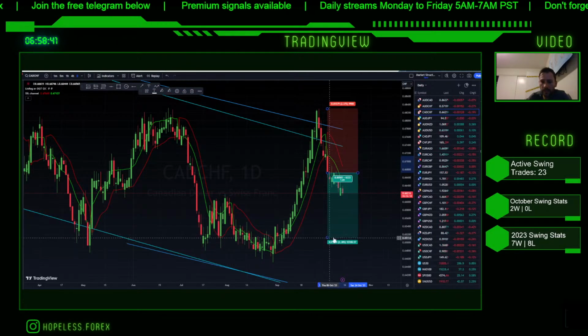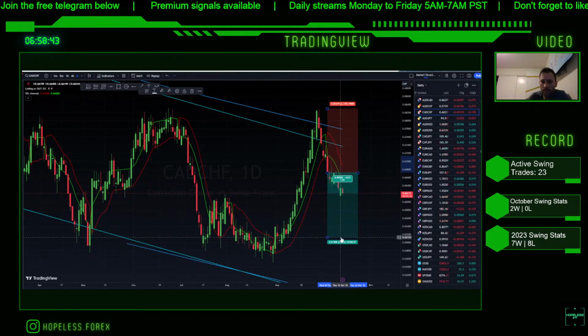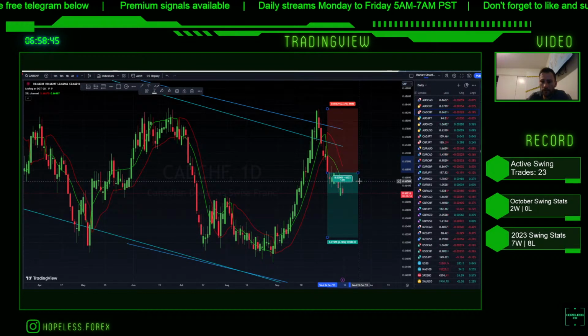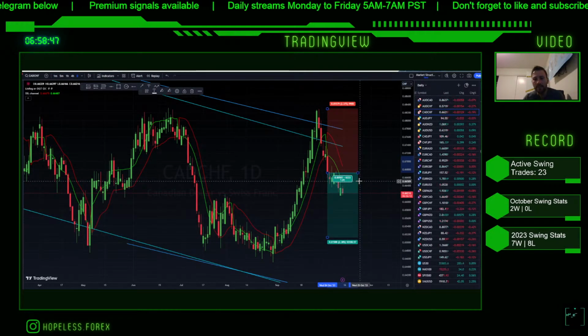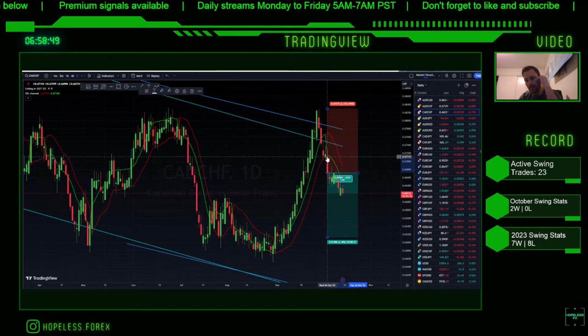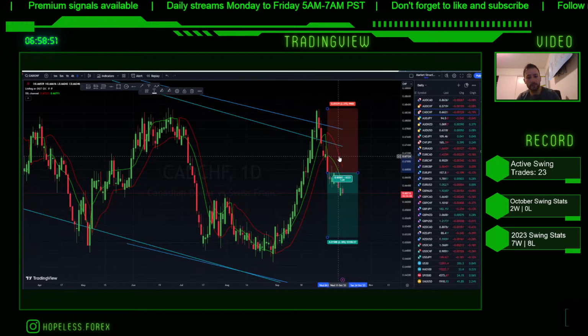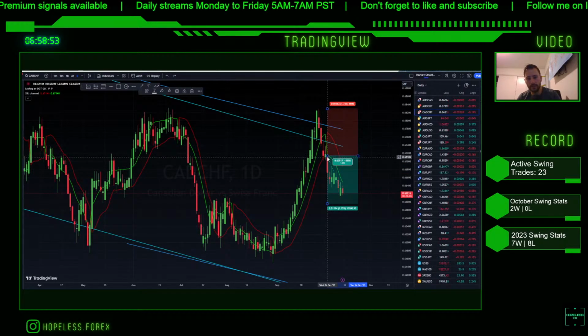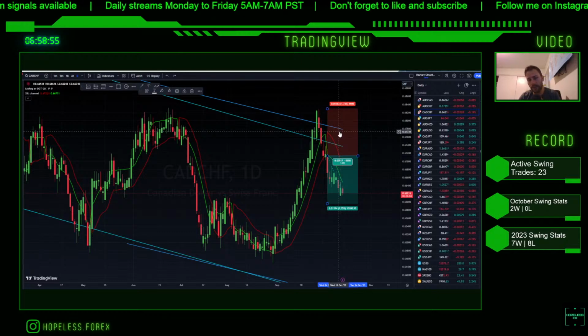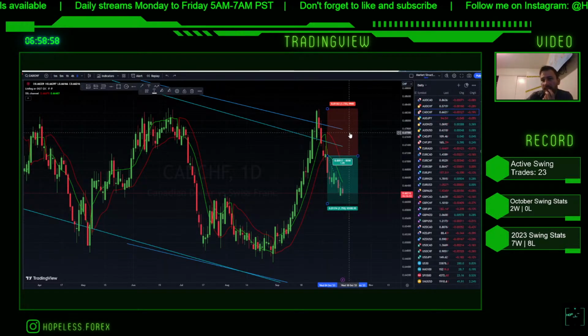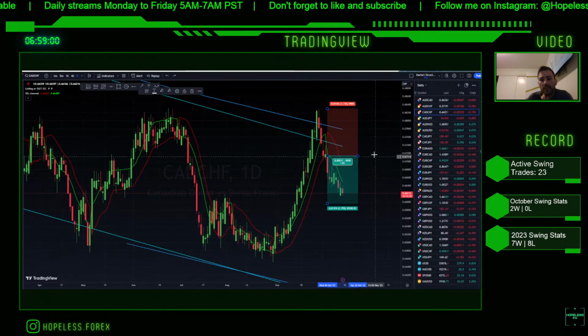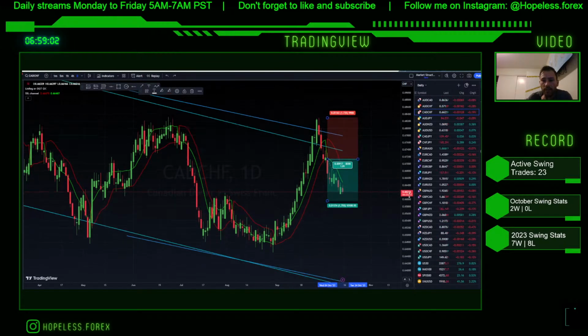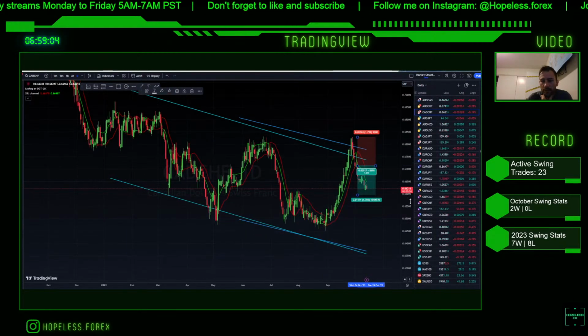You can see if price does go to the bottom of this range, then this trade would have been profitable, but usually when you have a big move like this, you have a bit of retracement. So I was expecting price to come back up here and then get into a trade that was more appropriately sized. So this is technically part of the strategy, but it was not an entry that I got into.